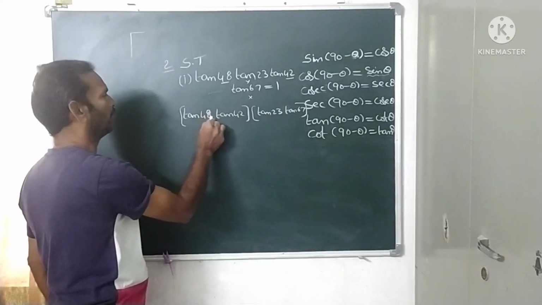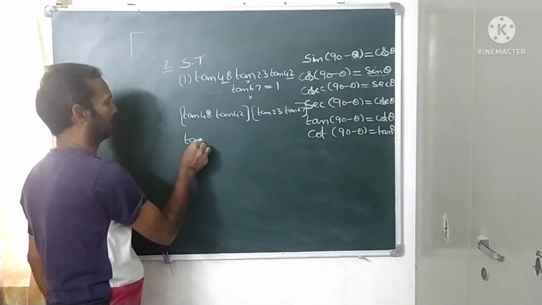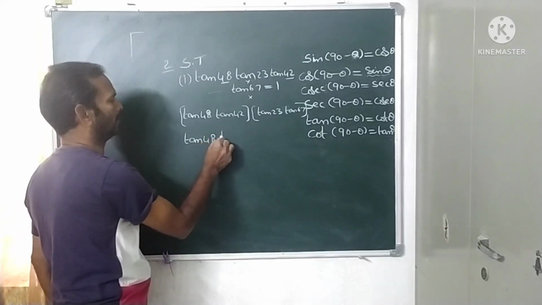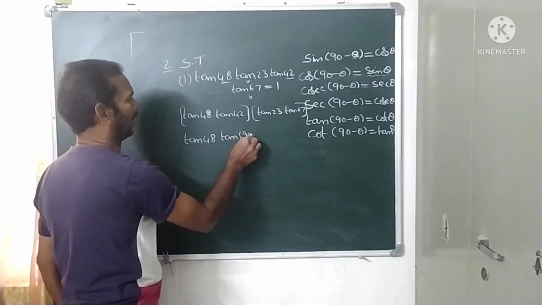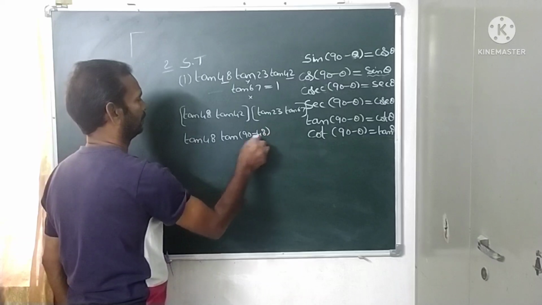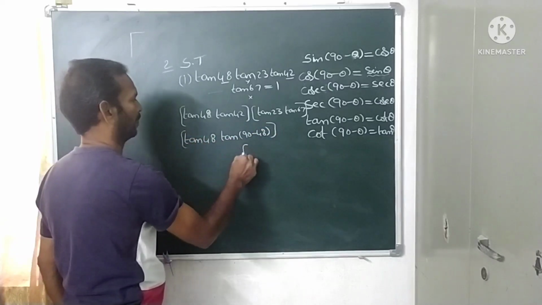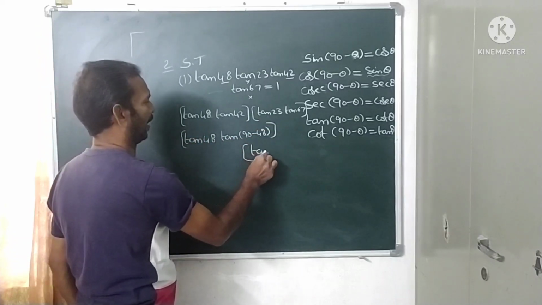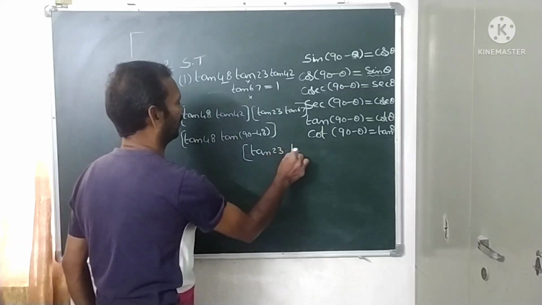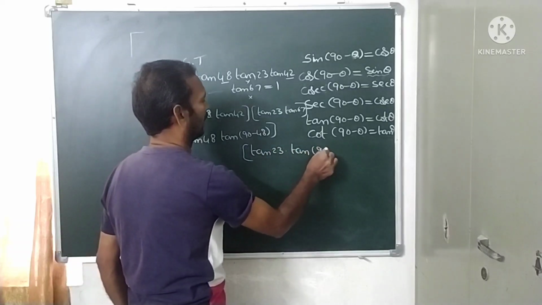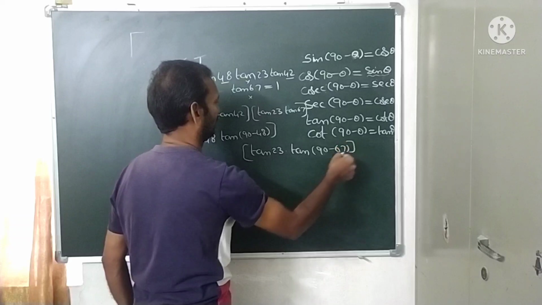Now in each pair, change one. Tan 48 into tan of 90 minus 48, and tan 23 into tan of 90 minus 67.